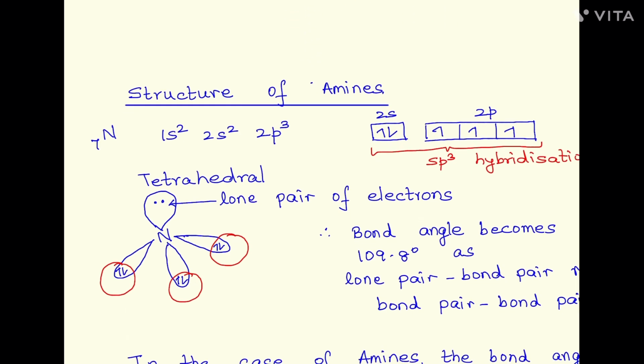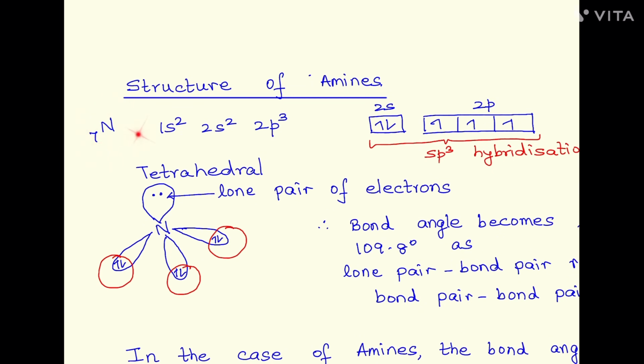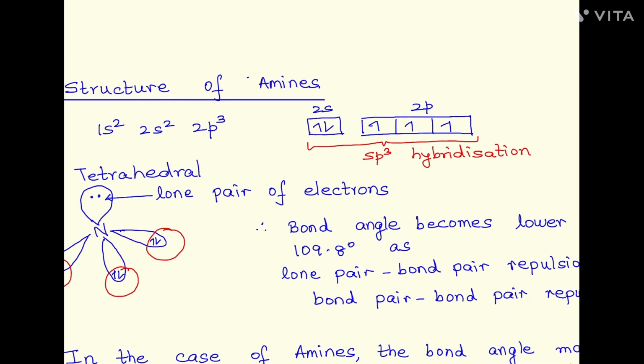So nitrogen, let's start with the electronic configuration of nitrogen. 1s2, 2s2, 2p3. Following Hund's rule of maximum multiplicity, the electronic configuration would be 2s and each of the p orbitals having an unpaired electron. It undergoes sp3 hybridization.